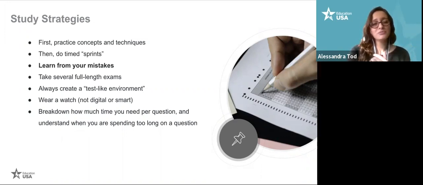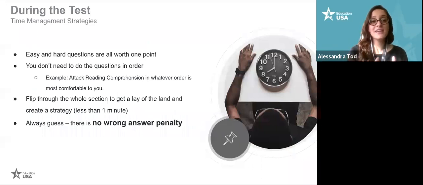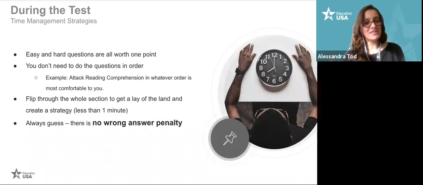In the next part, we have some strategies during the test. Of course, you have time management to practice, and you have to apply this time management. Easy and hard questions are all worth 1 point. So make sure that your strategy is to answer what's easier for you.